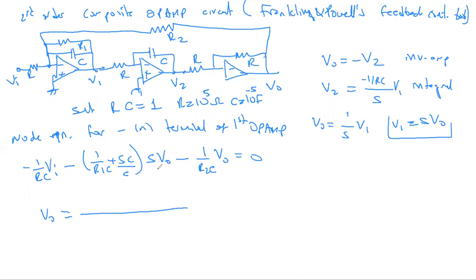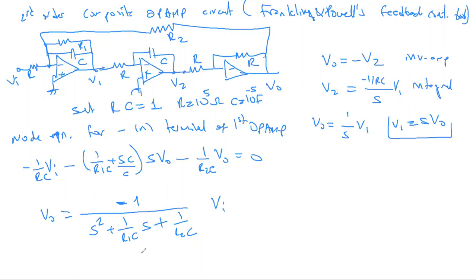If I do that, what I'm going to get is s square plus 1 over R1C s plus 1 over R2C here, and 1 over RC was set to be equal to 0. I'm going to get minus 1 times VI.